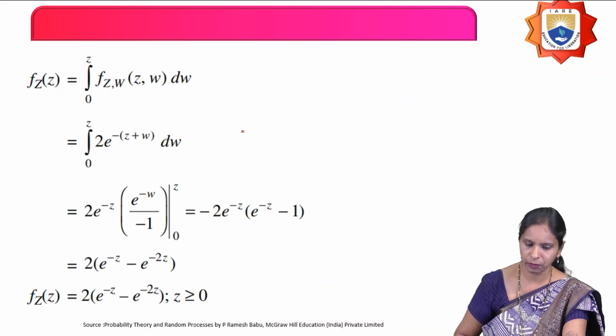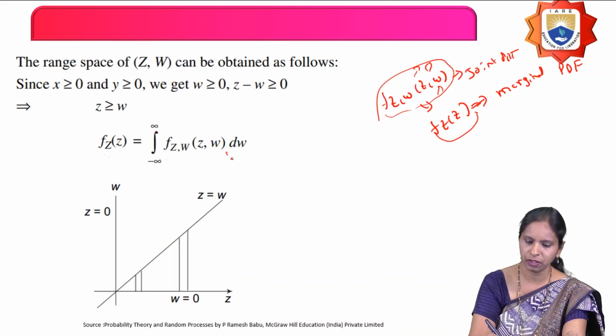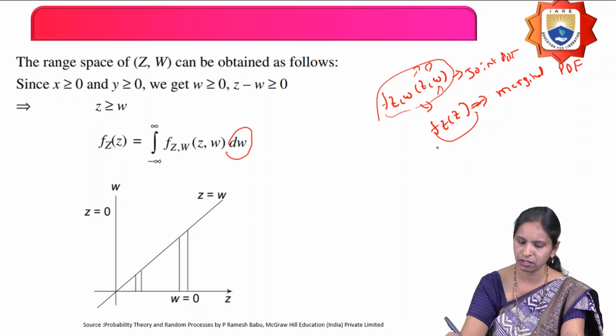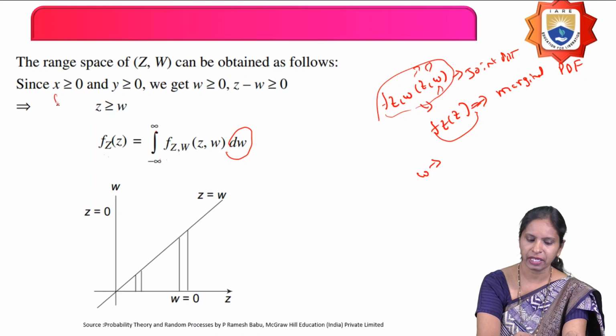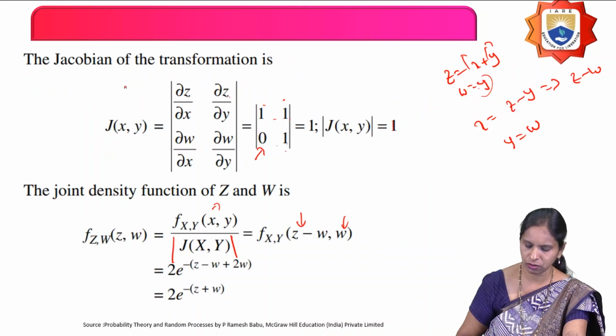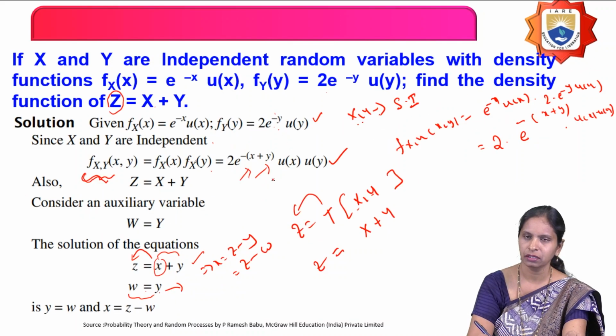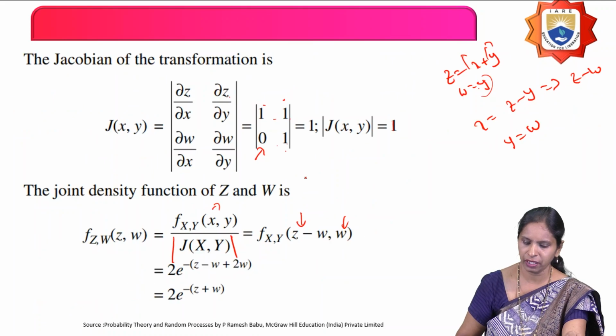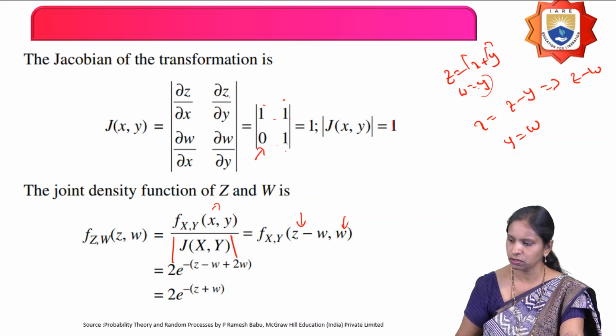Now you have to find the limits of w. Here x is greater than or equal to 0 and y is greater than or equal to 0. u(x) is 1 when x is greater than or equal to 0, and u(y) is 1 when y is greater than or equal to 0.